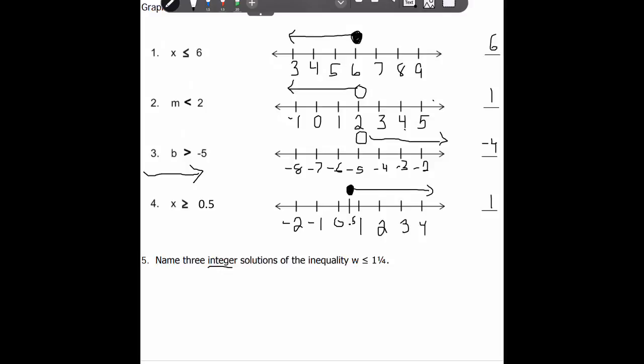If you want to think of 1 and 1/4 as a decimal, you can. It's equivalent to 1.25. We know what 1/4 is. It's a famous fraction. So any 3 integer solutions to this inequality. Well, the first integer that is less than 1.25 is 1. If I can write the number 1.